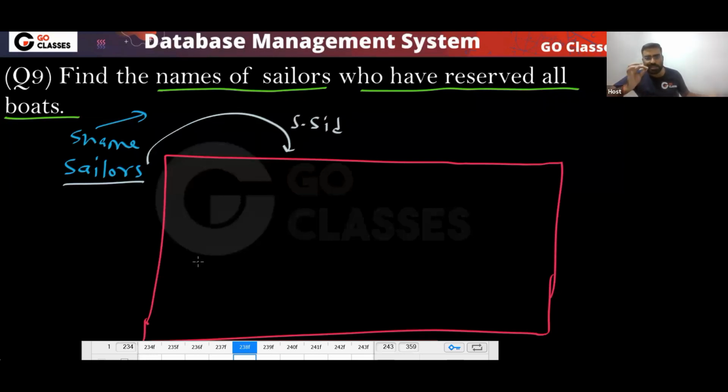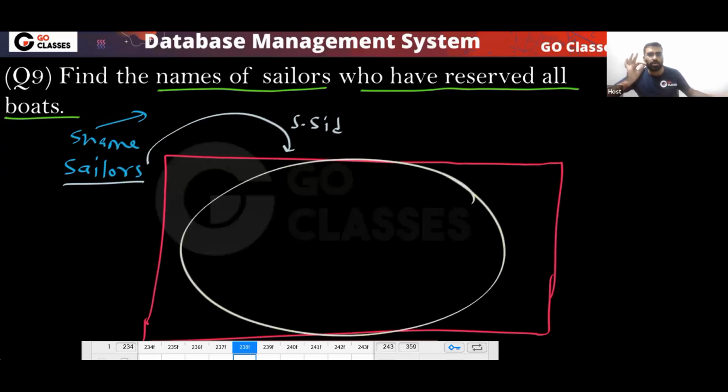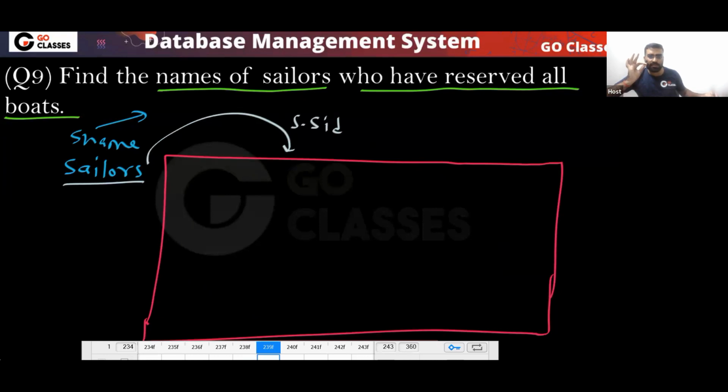And for that SID, what should happen? You will check which boats they did not reserve. Yes or no? You can find those boats which were not reserved. Like if you send s.sid, for example, let's assume you send SID 4.